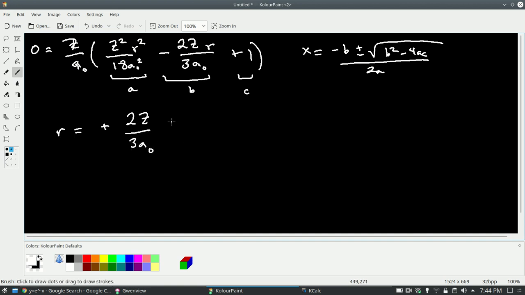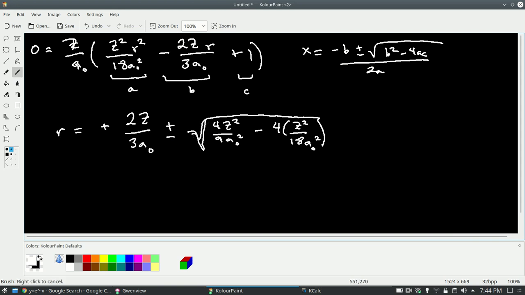Negative b plus or minus the square root of b squared. So b squared is going to be 4z squared over 9a naught squared minus 4ac, minus 4 times z squared over 18a naught squared. Right, so that was a, 4a, and c is just 1.